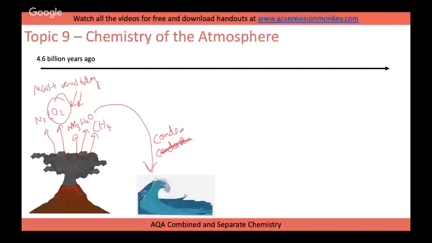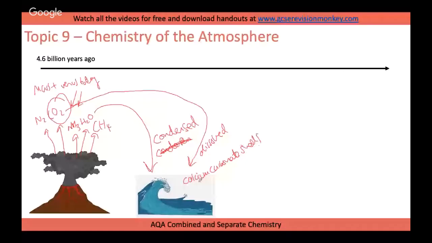And when that happened, a lot of the carbon dioxide from the early atmosphere dissolved into the oceans. And there it made the shells of early marine organisms. So it made the shells of, we call them calcium carbonate shells, of lots of different marine organisms.